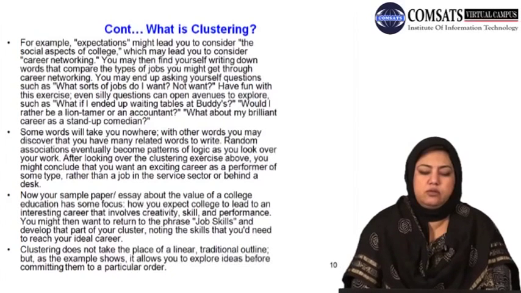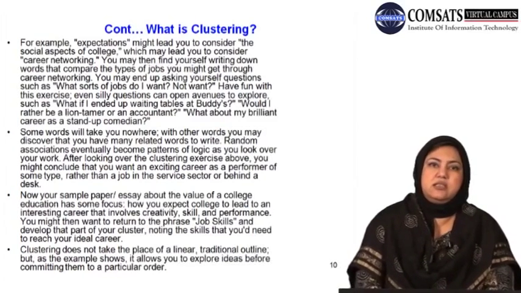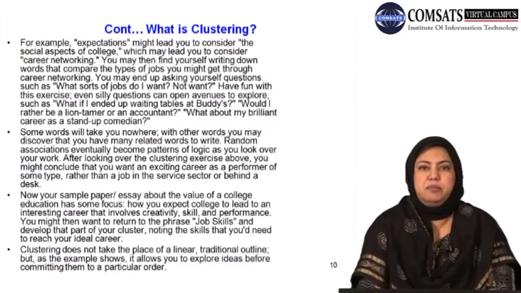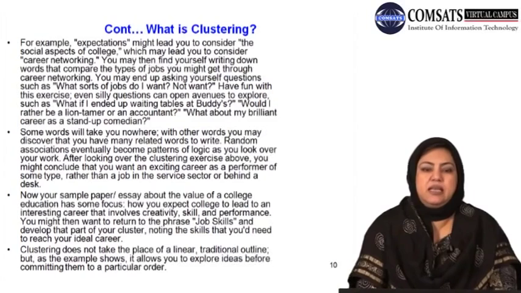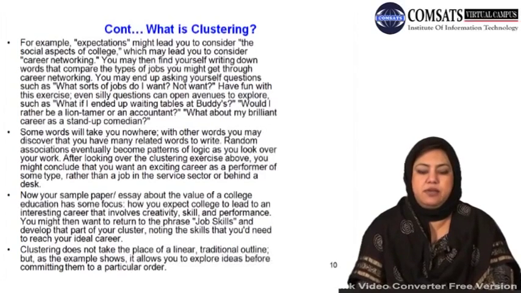So you might then want to return to the phrase job skills and develop that part of the cluster, noting the skills that you would need to reach your ideal career. So you see, just by developing a set of 6 to 7 clusters, maybe you would be able to have all the ideas for the main areas that you would cover under the title of your composition, that is, value of a college education.